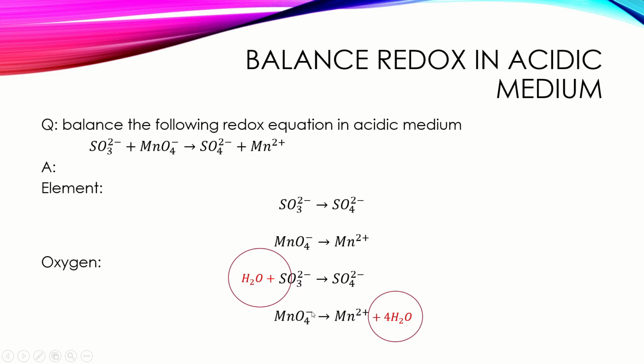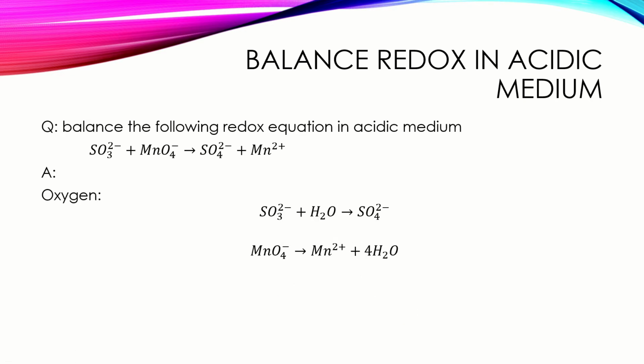In MnO4-, we have 4 oxygen atoms, and in Mn2+, we don't have any oxygen atoms. So we add 4H2O to get 4 oxygen. We have balanced oxygen, balanced sulfur, and balanced manganese.